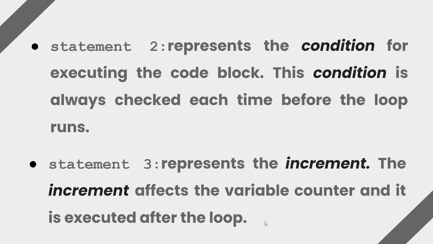It would also crash your computer system. Now, this condition is always checked each time before the loop runs. So this is another thing that would also be executed before the first loop would actually run. So this means that after the variable counter, the condition would be next, and then the first loop would run.